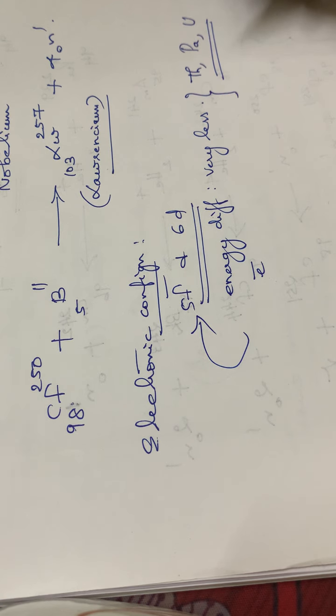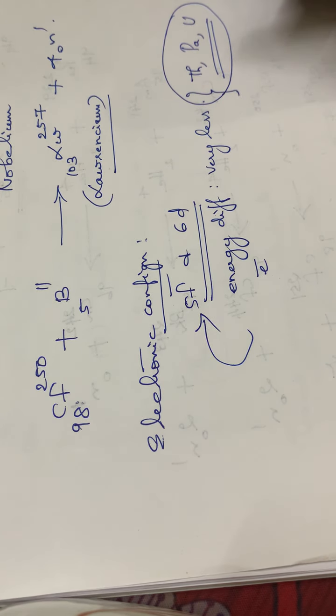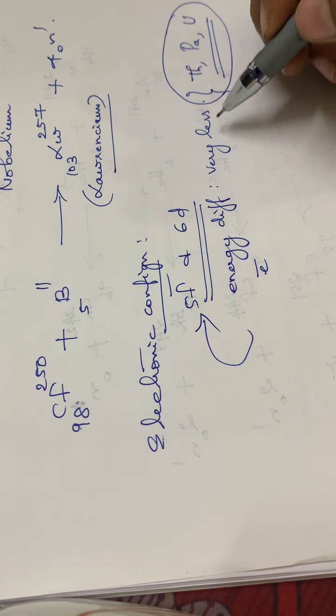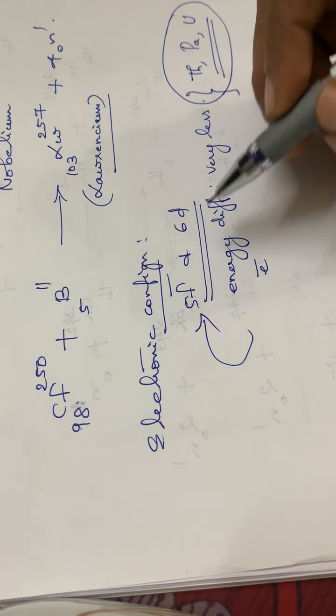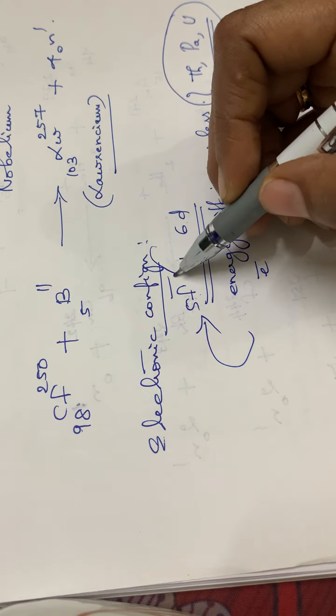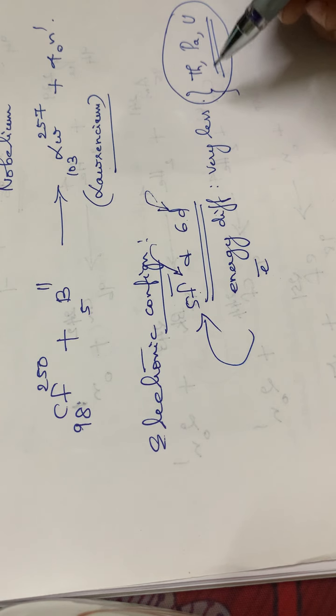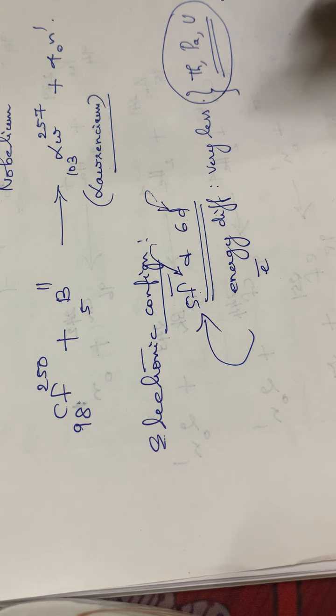For these three elements, the electronic configuration cannot be predicted accurately, so there is confusion regarding their electronic configuration. Usually the electrons enter the 5f orbitals for all other elements. Then the next topic is the oxidation state.